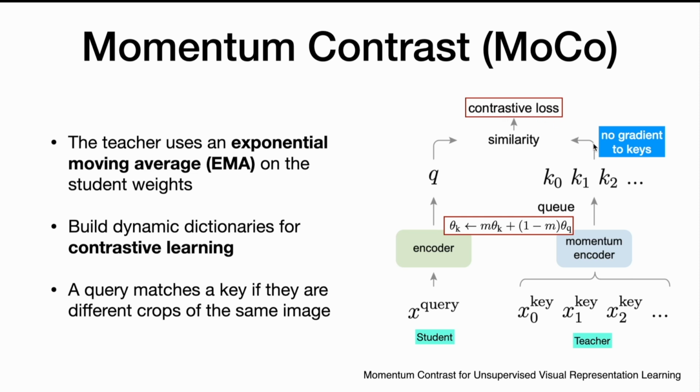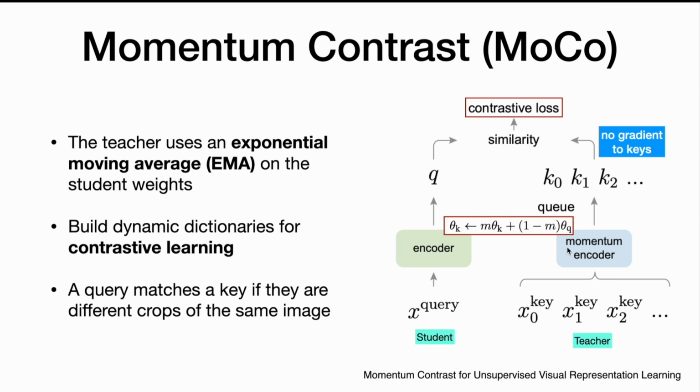We also apply the no gradient operator to the key branch, or the teacher's branch. So the loss only backpropagates through the student's branch and gets the student's network parameters updated.